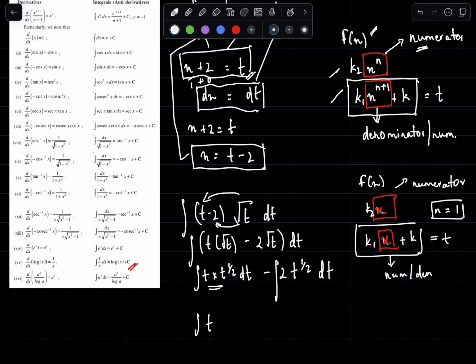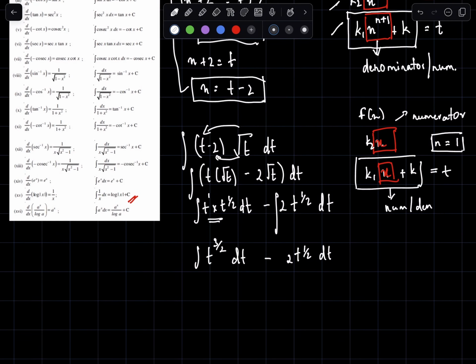You know how to multiply this, add the powers, which is 1 plus half is 3 by 2. We did this in the previous question, how to add the powers. So integral of t to the power 3 by 2 dt minus 2 times t to the power half dt.